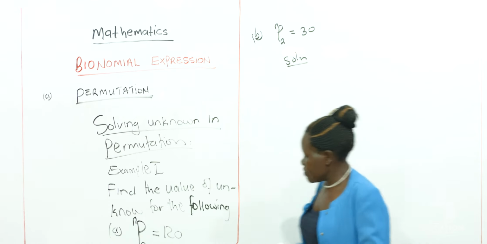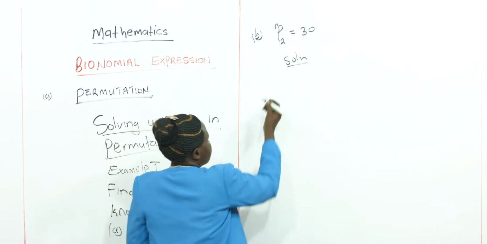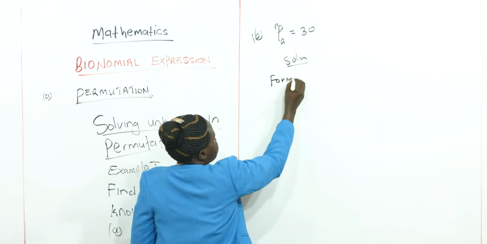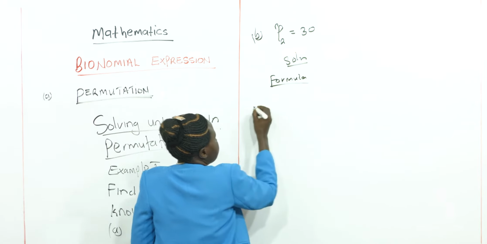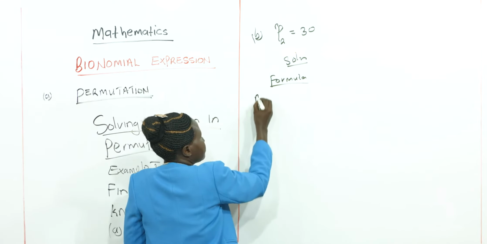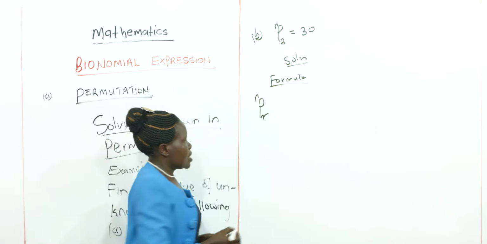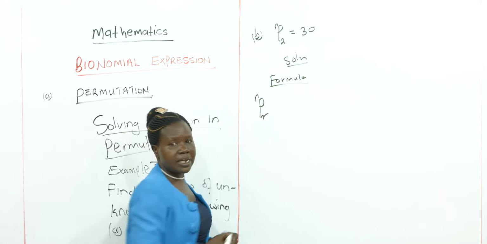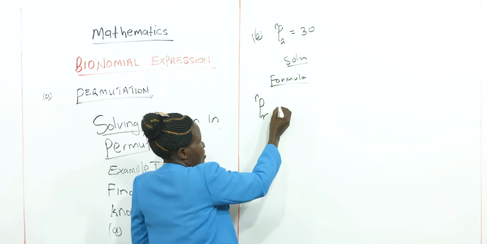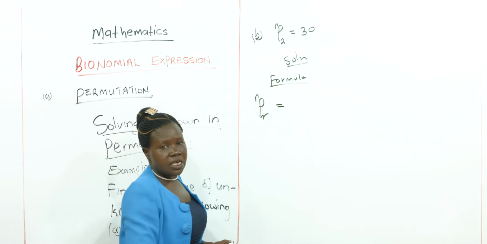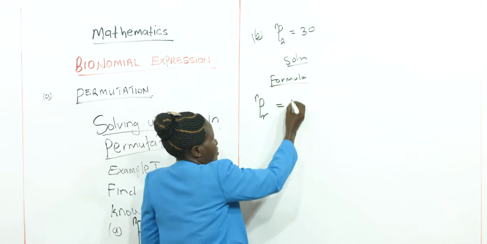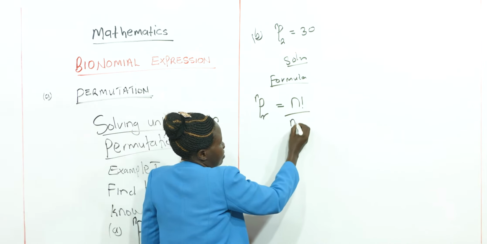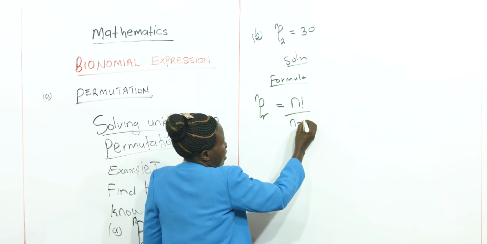Our formula will be P raised to n base r, and we know that r is the number of times and n is the number of elements, which equals n factorial over n minus r factorial.